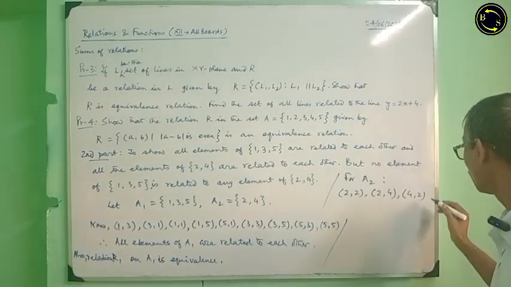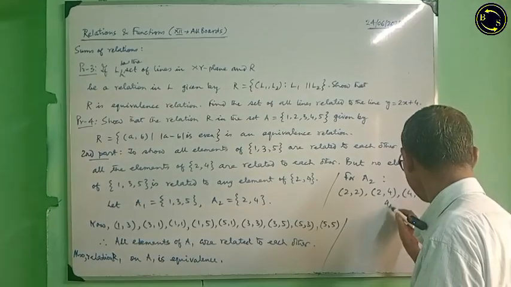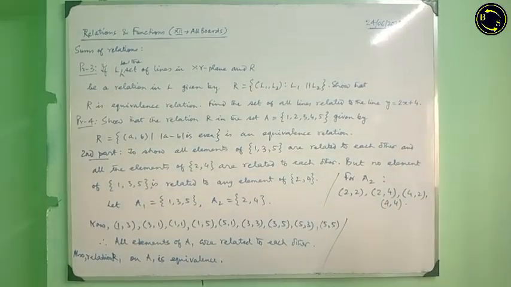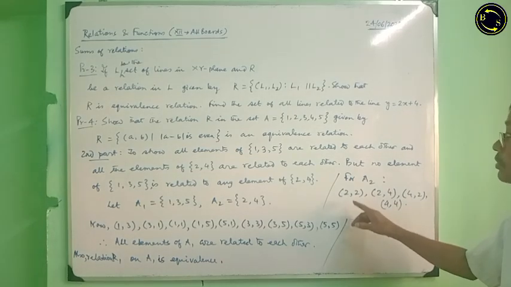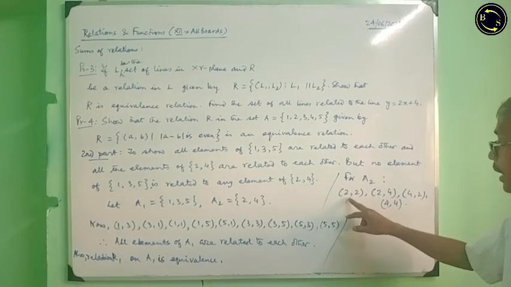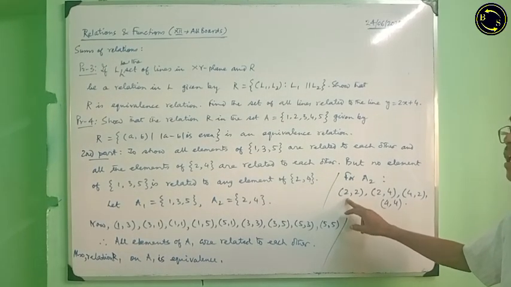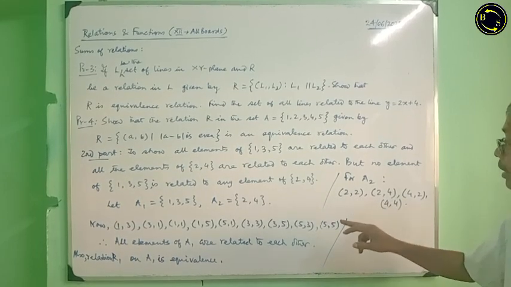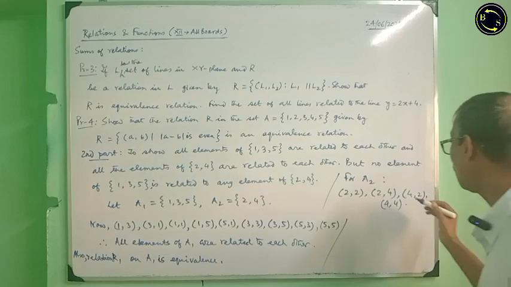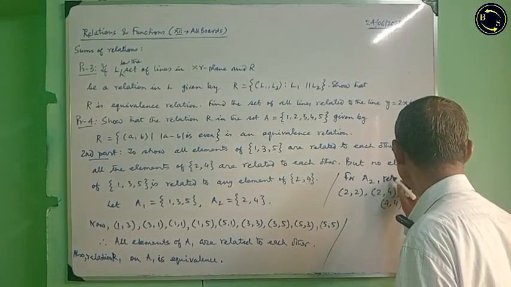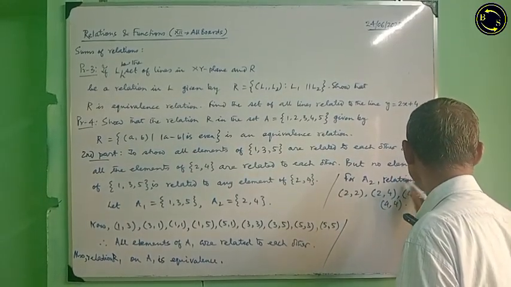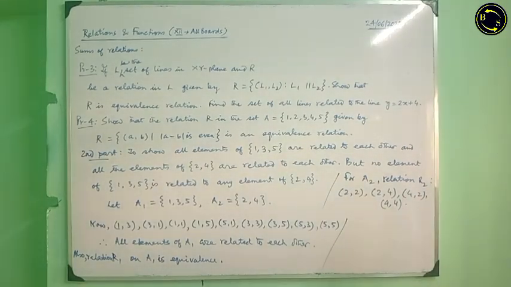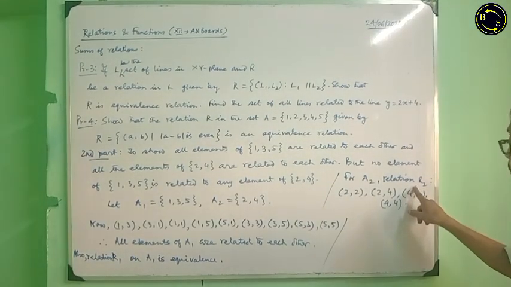Also, 4 4 is there, ordered pair. Thus, we see AA are present in, if I call this relation R2, therefore, R2 is reflexive.